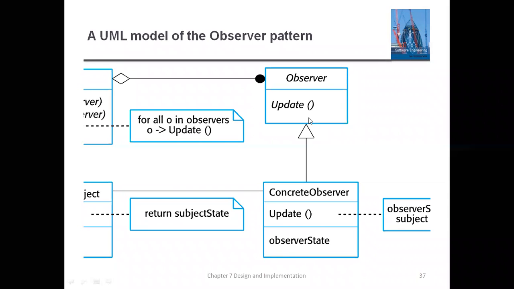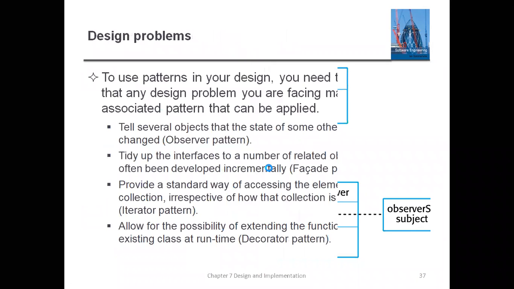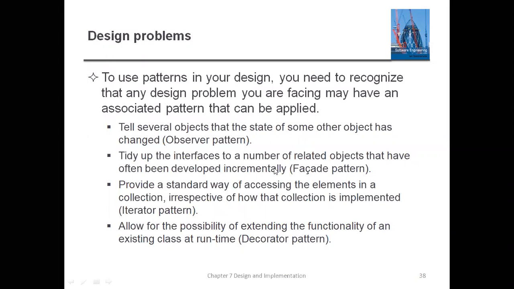Once you update, it has to connect directly with your observer. In this way you are going to design your UML model, which will depend on your observer pattern. That is the main aim: to find out your design pattern, because in many ways you are going to find these patterns.